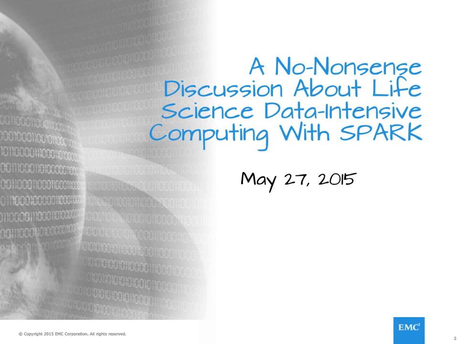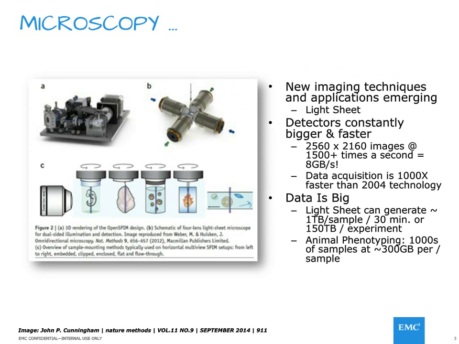So let's get started with the motivation. Oftentimes a lot of people are expecting us to lead with talking about next-generation sequencing, but there's actually a lot of activity, especially in the last year or so, that's going on in the world of microscopy in terms of analysis. Why is that happening?